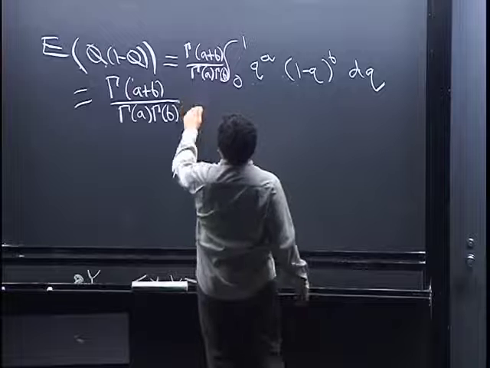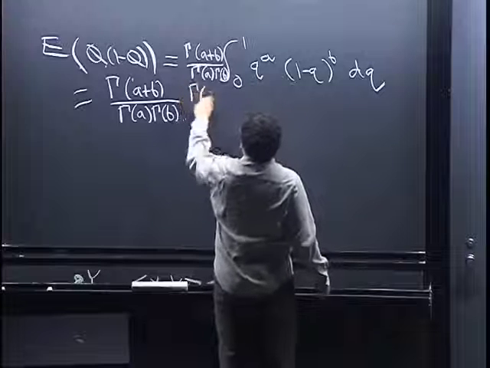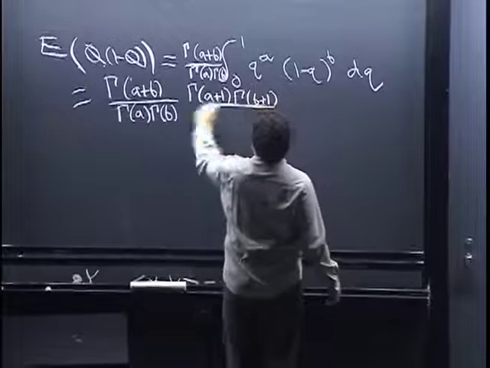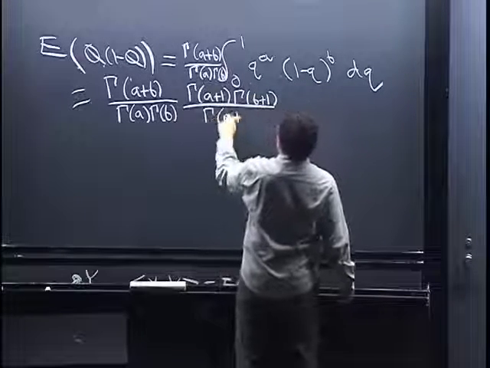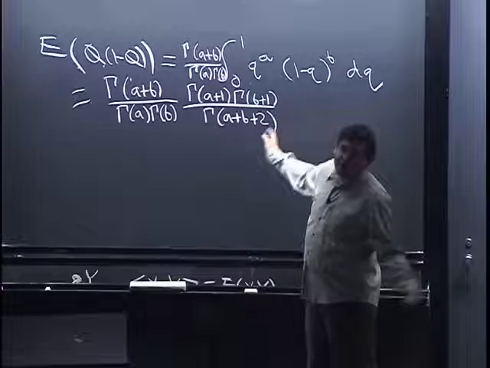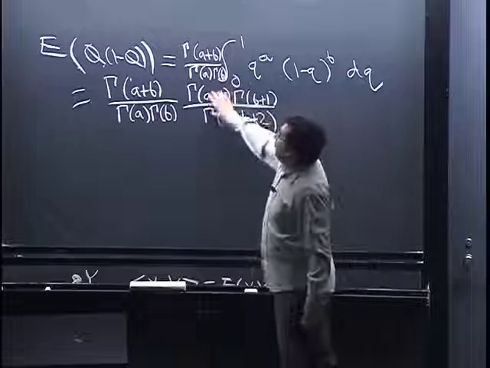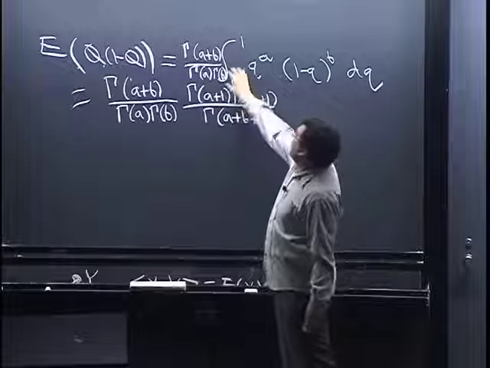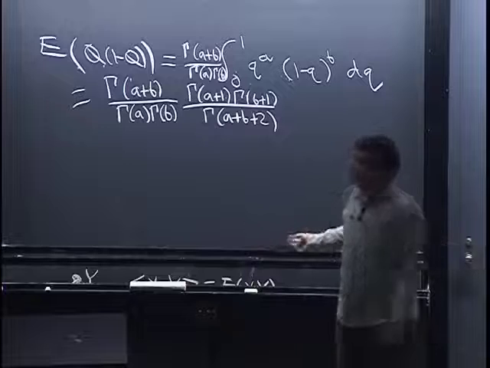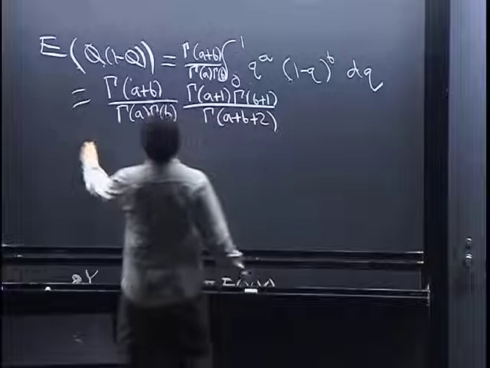So this is going to be gamma of a plus 1, gamma of b plus 1, divided by gamma of a plus b plus 2, times 1, because I'm multiplying and dividing so that this is exactly the integral of a beta density.